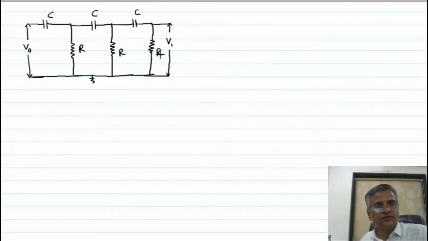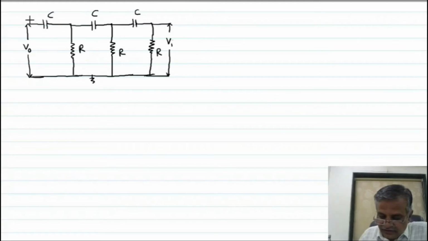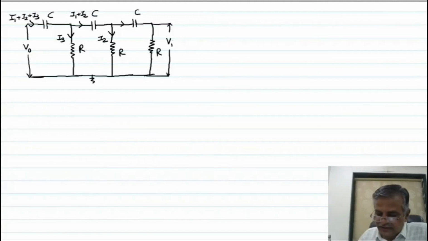Now let us do the analysis. Let us take the current distribution, I am taking here I1 plus I2 plus I3. Here current I3 is flowing, the remaining current is I1 plus I2, then I2 is flowing, and here I1 is flowing.